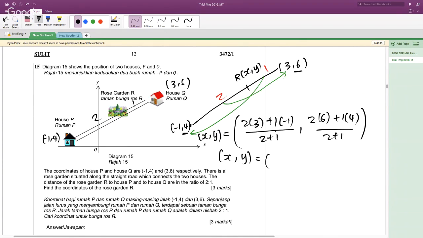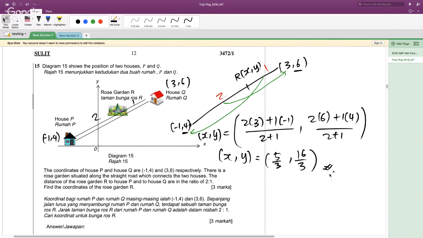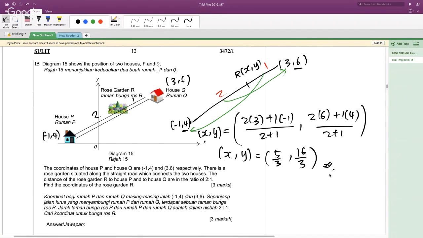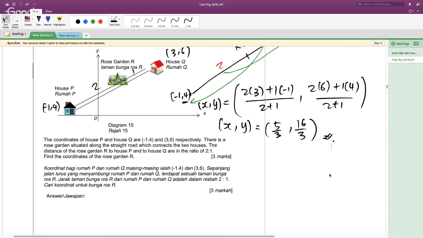This is 6, 6 minus 1 is 5, 5 over 3. And this one will be 12, 12 plus 4 is 16, 16 over 3. It cannot be simplified. This one should be the final answer, the coordinate R. I guess that's all for this one.